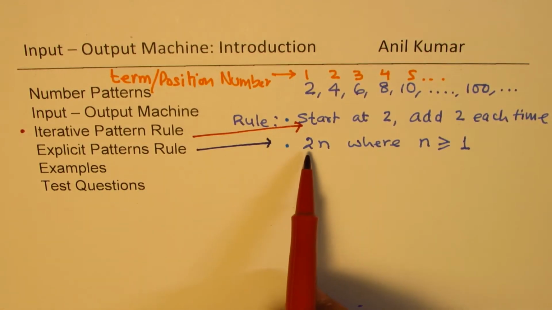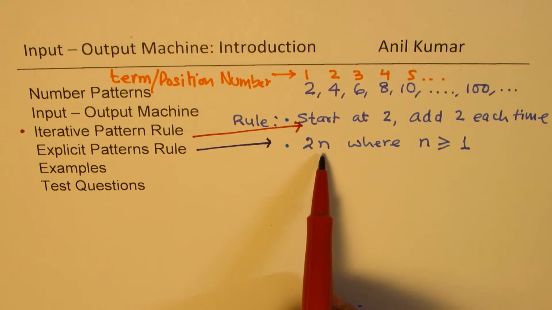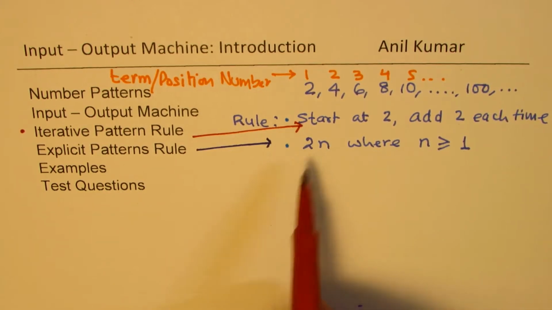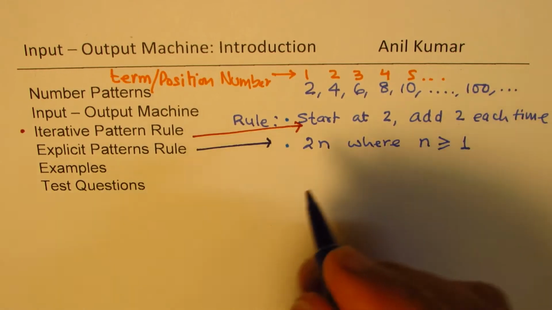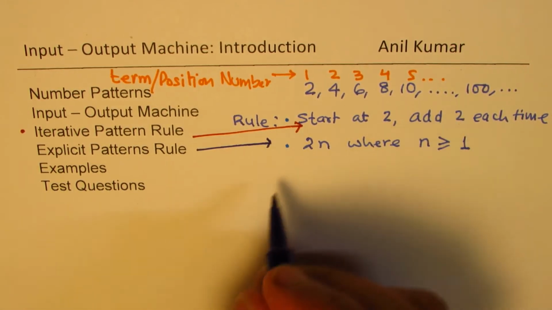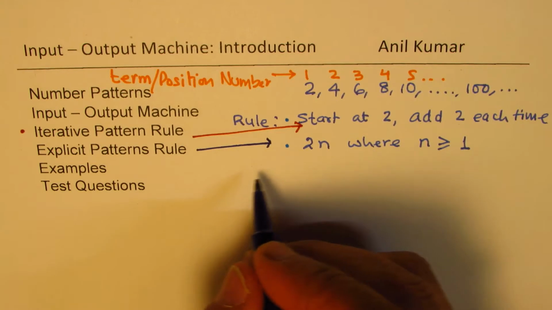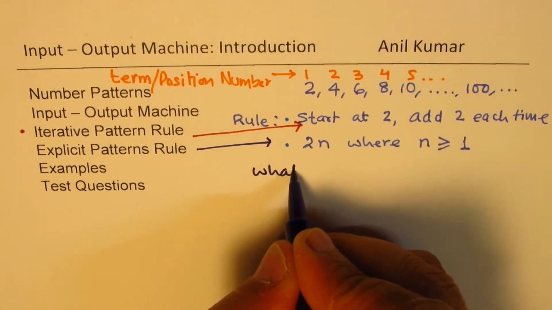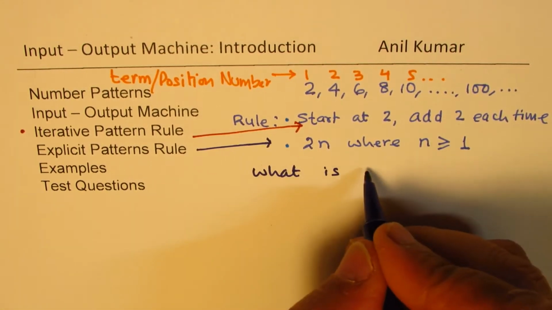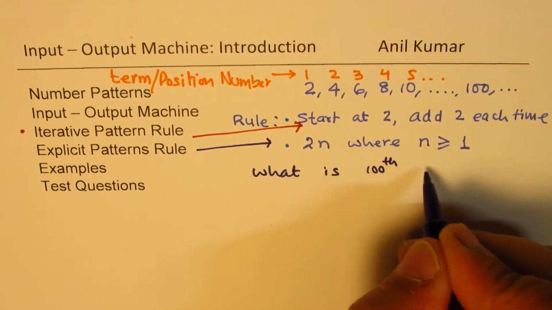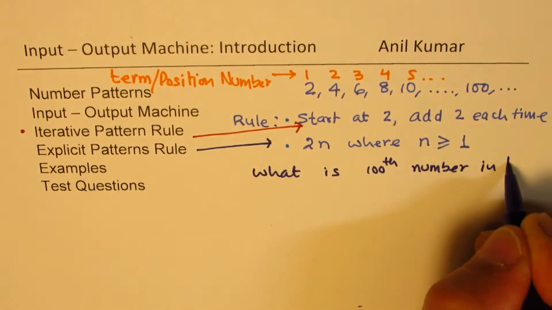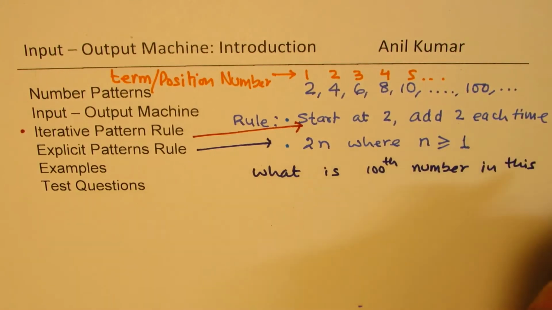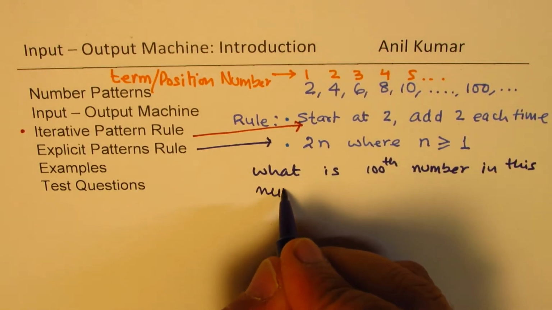An explicit pattern is 2 times n, right? So the advantage of an explicit pattern is, if I want to know what is the hundredth number in this number pattern.